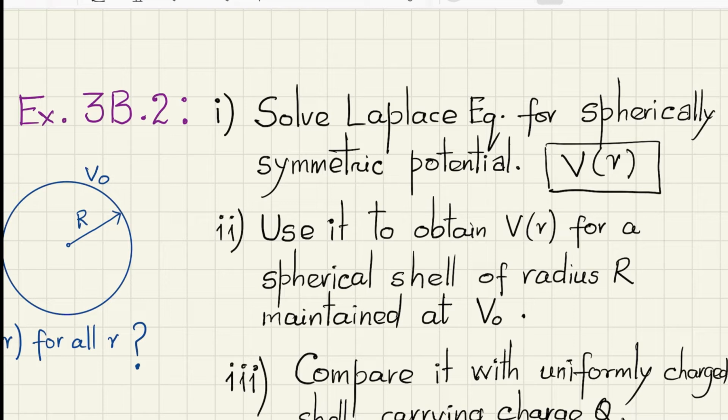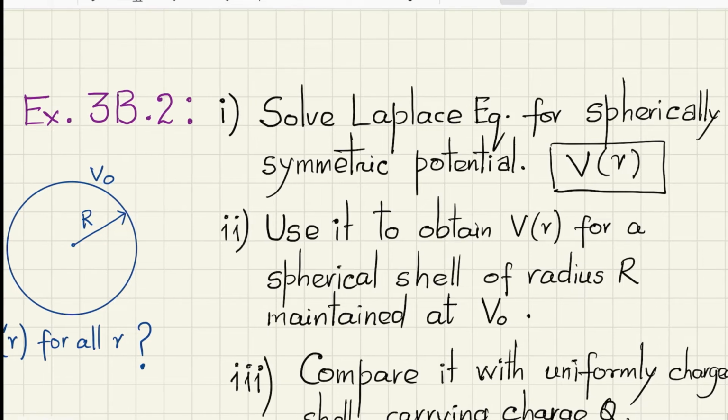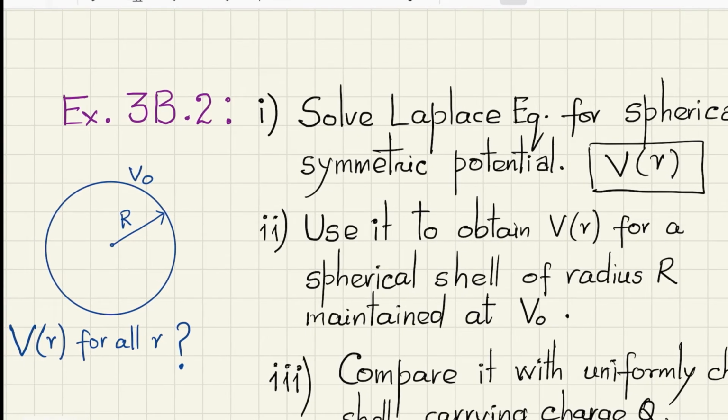Suppose it is that, and we'll solve it and use it to obtain V(r) for a spherical shell of radius R maintained at V naught. So we'll have to solve for V(r) for all r.